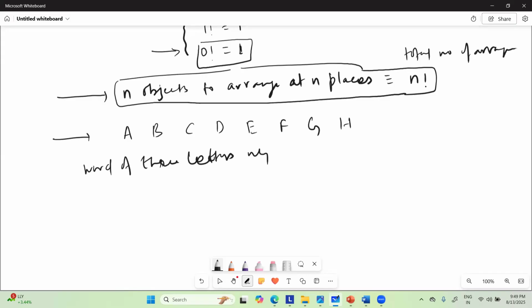So how many words can we create, or how many arrangements can we have? Whatever the question says, you have to find whether it is an arrangement or not. In this case, let's say we made a word ABC.